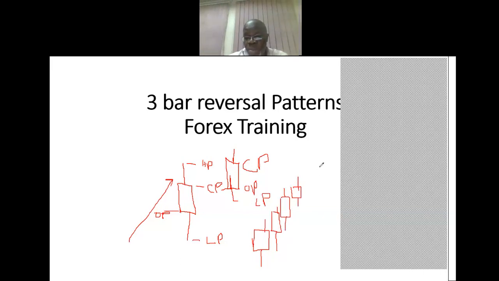But when the market is bearish, which is going down, the opposite happens, which means that the candle forms the opposite way. So now, because it's going down, this becomes your opening price. This becomes your closing price.